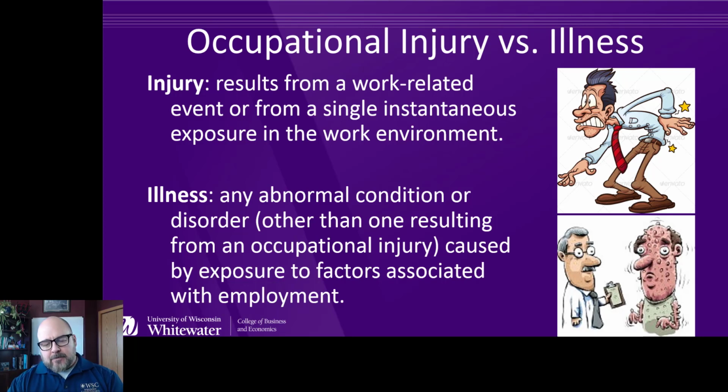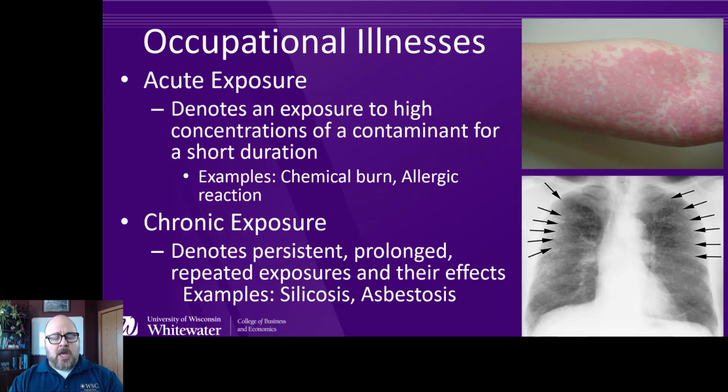I had talked real briefly about what is an injury and an illness. For me, it's pretty much straightforward. An instantaneous exposure that results in harm is typically an injury. One that usually develops over time tends to be more of an illness. I want you to be familiar with the terms acute and chronic.